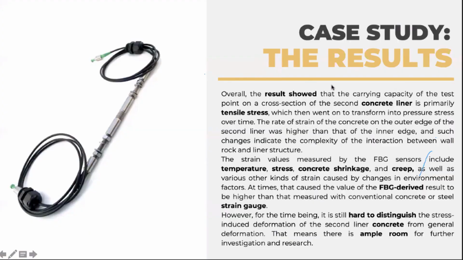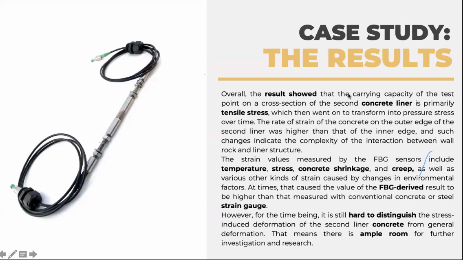Yeah. So the results show that the carrying capacity of the test point on the cross section of the second concrete liner is primarily initial stress, which then went on to transform into pressure stress over time. The rate of the strain of the concrete on the outer edge of the second liner was higher than the one on the inner edge, and such changes indicate the complexity of the interaction between the wall rock and the liner structure.